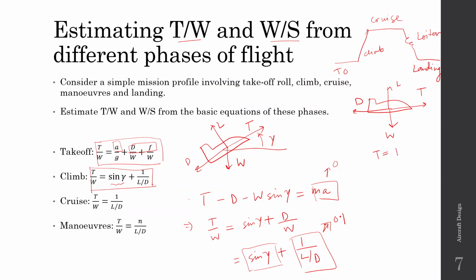So you know that thrust is equal to drag and lift is equal to weight. So if you divide T by W, you can also divide it by drag by lift, which comes out to 1 by L by D.